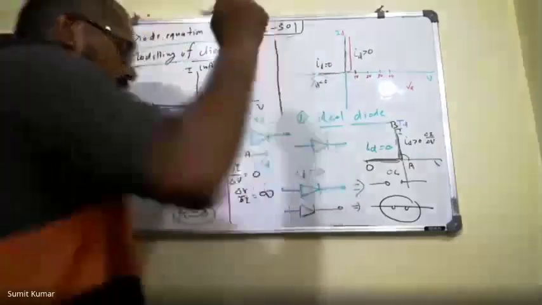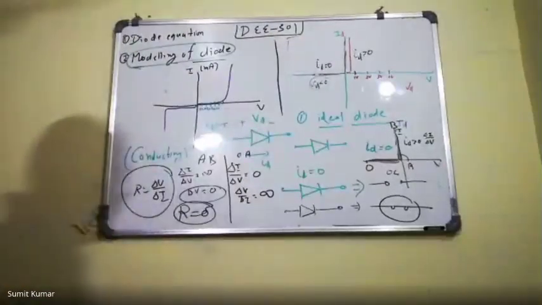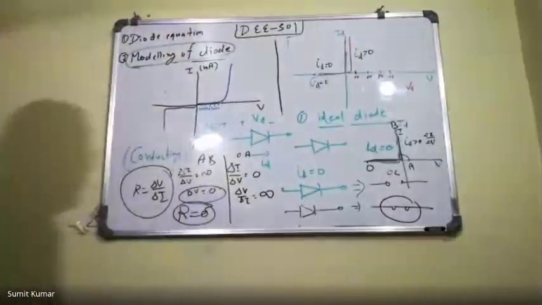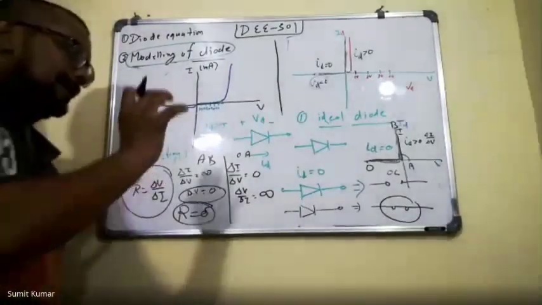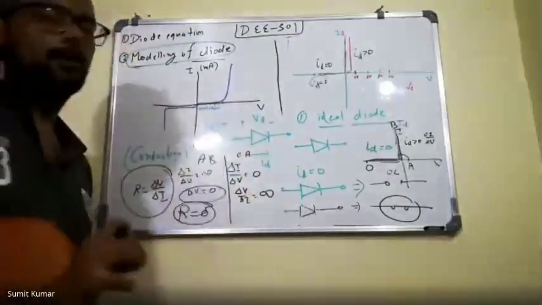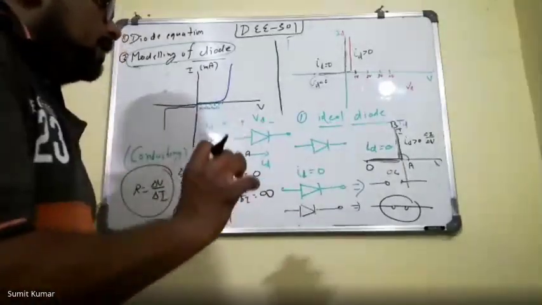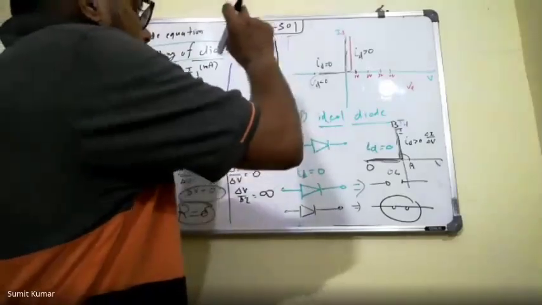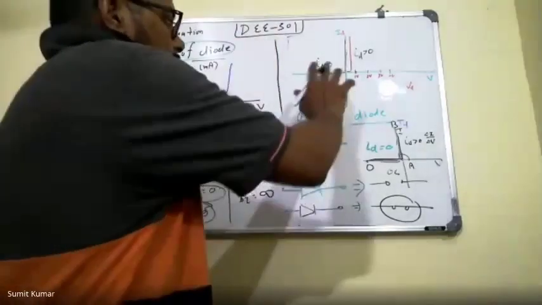If the resistance is very high, almost infinity, then we can represent that as an open circuit. So there are two ways in which you can understand the ideal diode modeling. Here we have modeled the characteristics of this diode in the ideal manner.